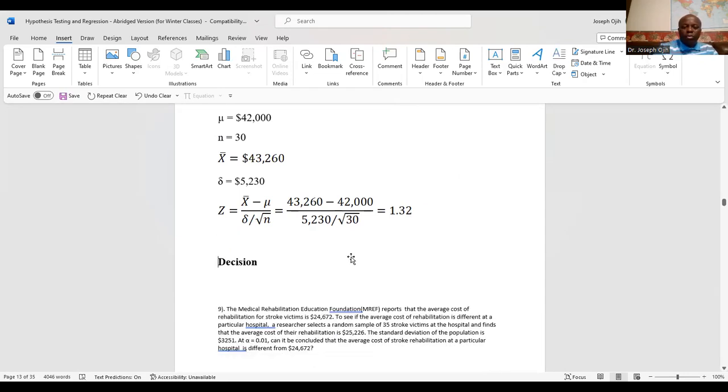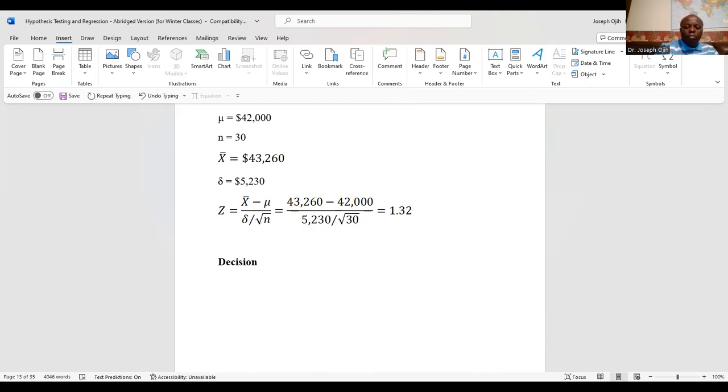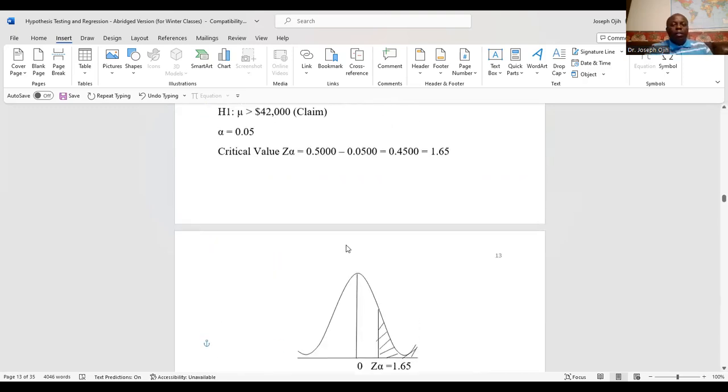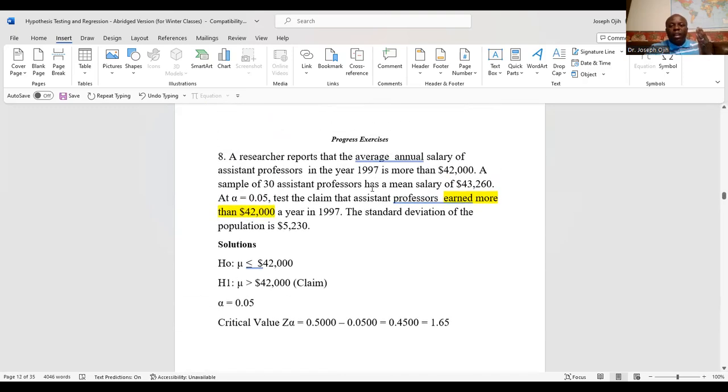Now remember, all we are doing is making a decision based on the information we are given. The information was that the average annual salary of assistant professors in 1997 is more than 42,000.